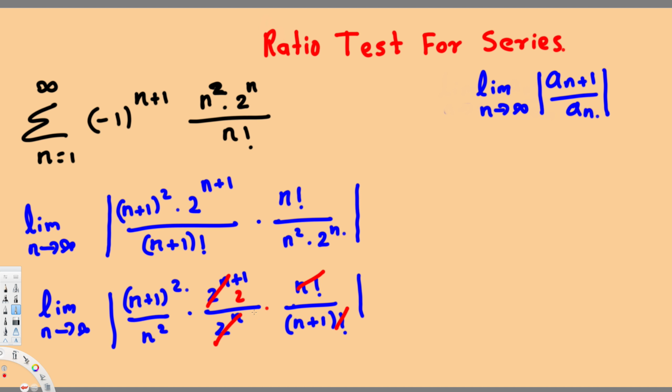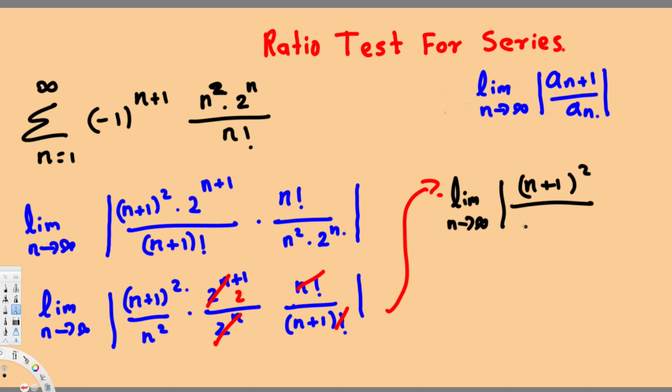And let's put them together in a different way. So here we are going to have the limit as n approaches infinity, and whatever we have left is (n plus 1) squared over n squared times (n plus 1).